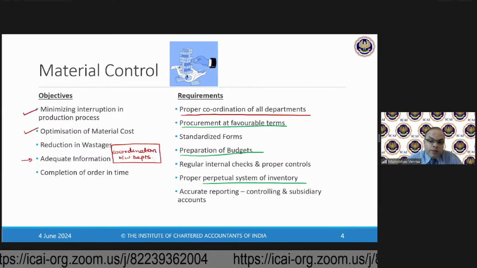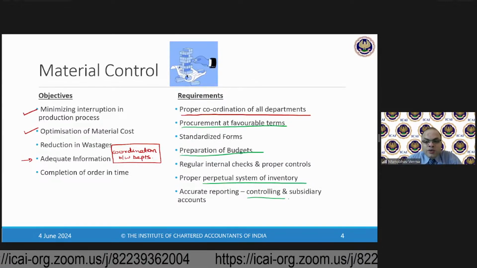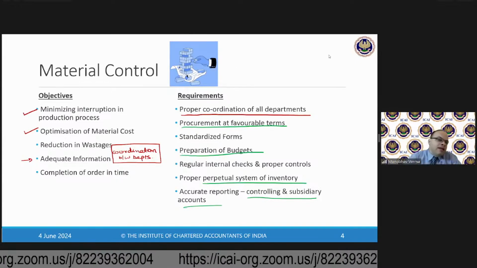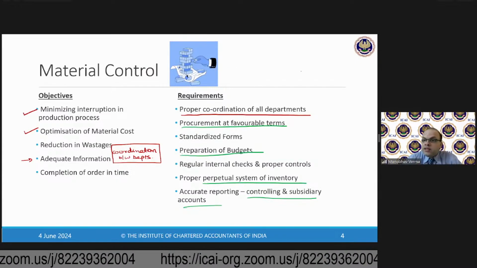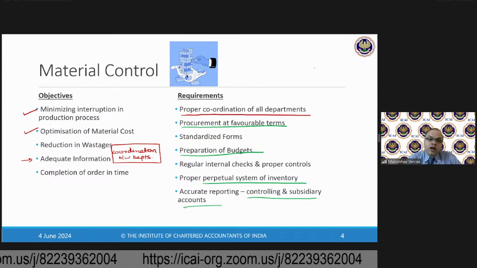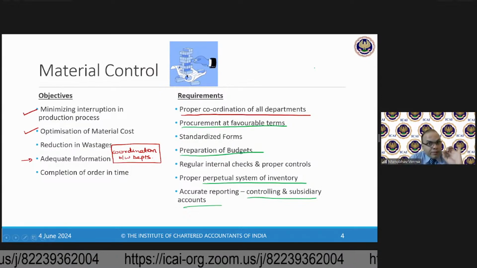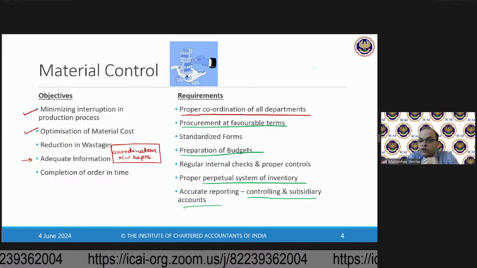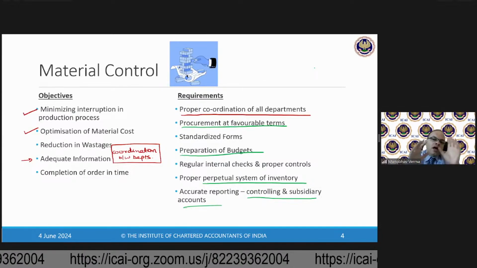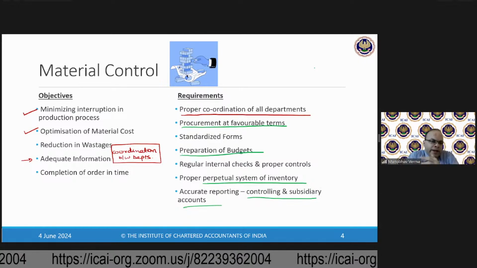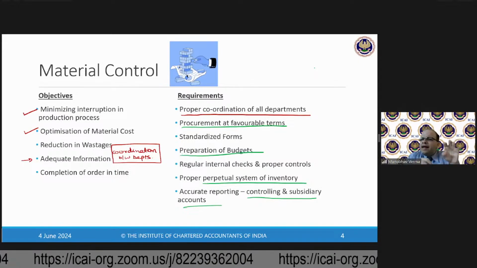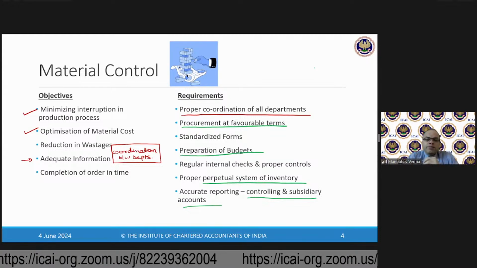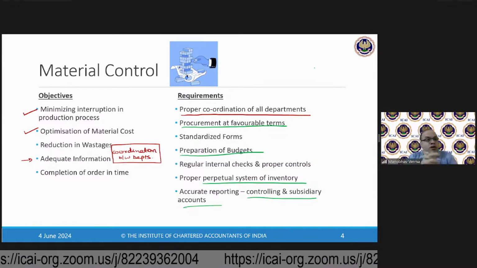In terms of the reporting requirements, when we talk about the integration between management accounting and financial accounting, it is very important that we understand the usage of these controlling and subsidiary accounts. I will have a little discussion around this when we reach it: how the information flows, and what happens in companies in the industry. That will be of importance and interest for you guys, and we will talk about at what point the integration happens from inventory or subsidiary accounts to your general accounting.